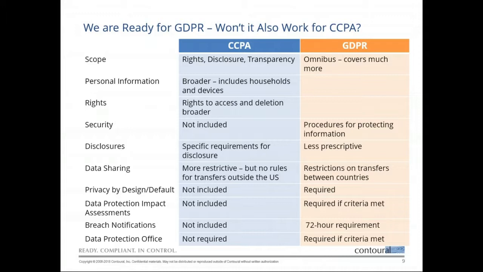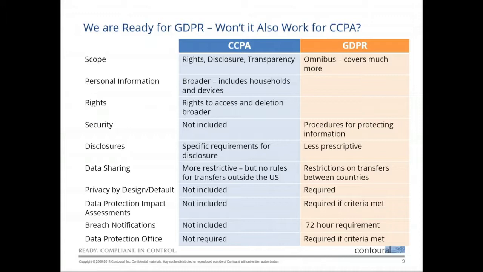The last four on this list are areas that are not included in California privacy that we think are great ideas for organizations to undertake in terms of protecting their customer and employee information. Like I said, privacy by design or default is a great goal to work toward, making sure that you're addressing privacy at the front end and not on the back end and retrofitting everything.